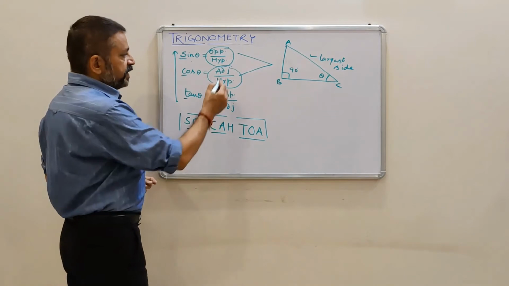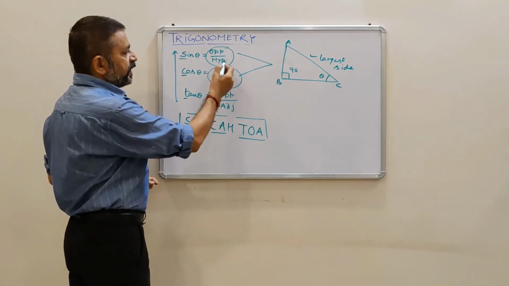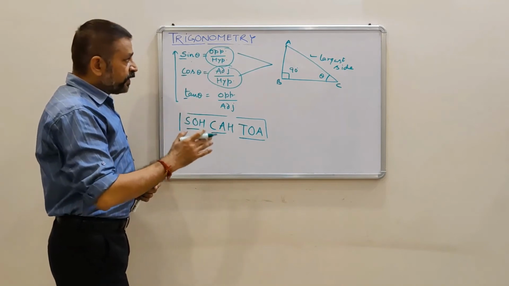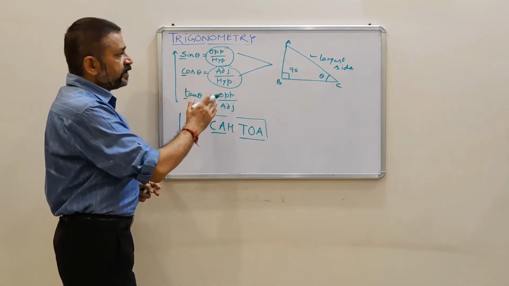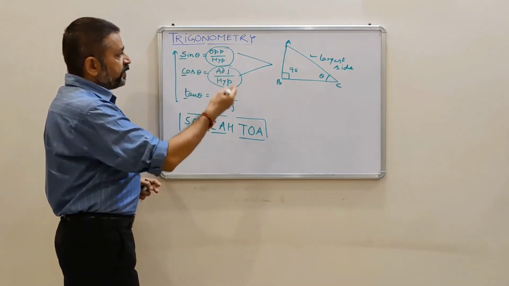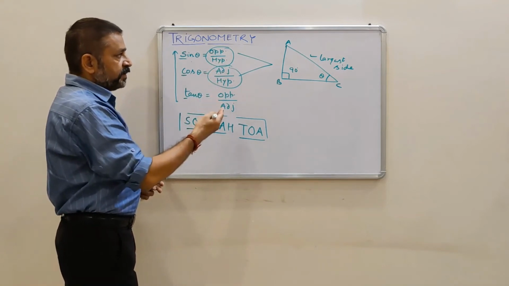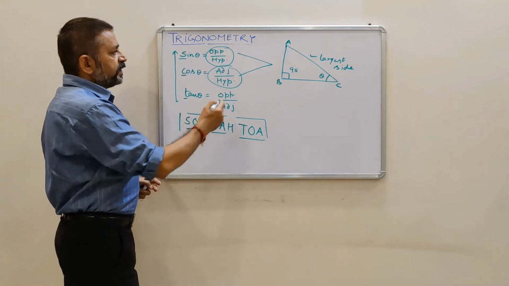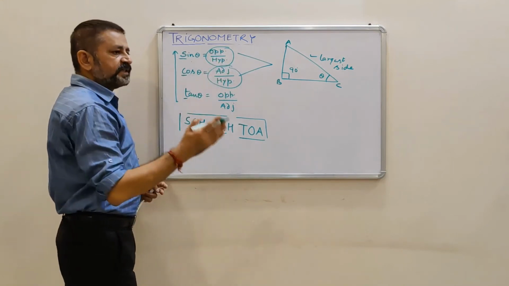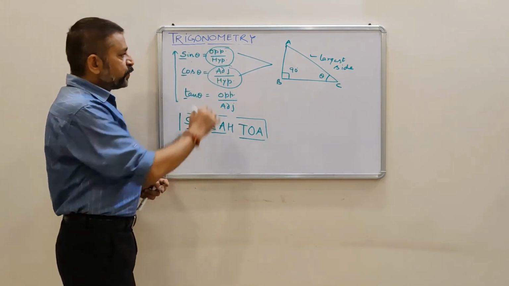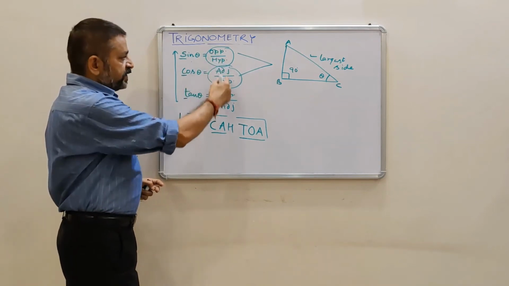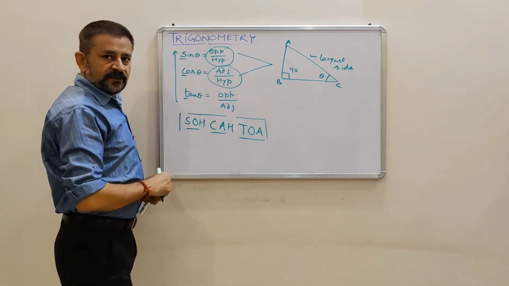So every time we are going to have a larger denominator. When the denominator is larger than the numerator, the ratio is always less than 1. So in both cases, for sine as well as cos, these values will always be less than 1.